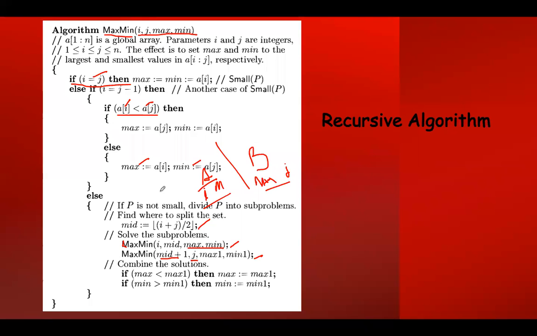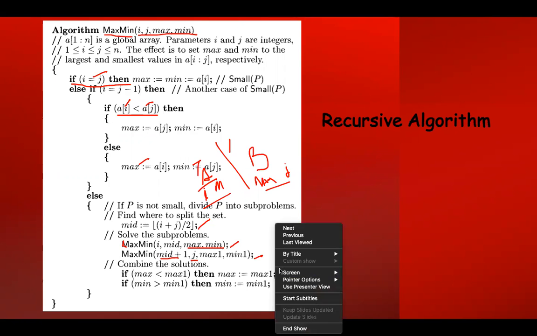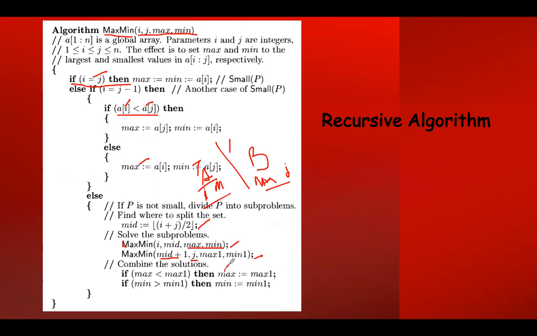Combining these two results is nothing but comparing the max element of A and the max element of B. That is, if max is less than max 1, then max is equal to max 1. So that is the final maximum element. If min is greater than min 1, then the minimum element is min 1. Is it clear? So at the end of all the iterations, max will have the maximum element and min will have the minimum number of element.